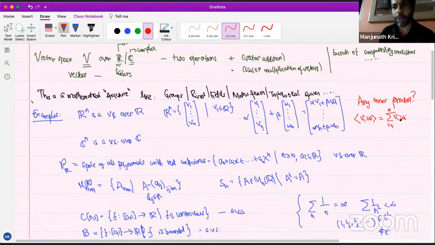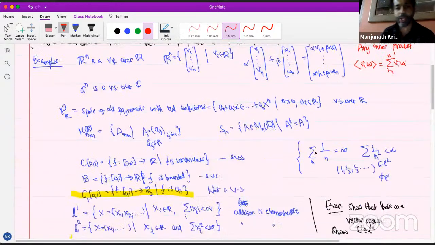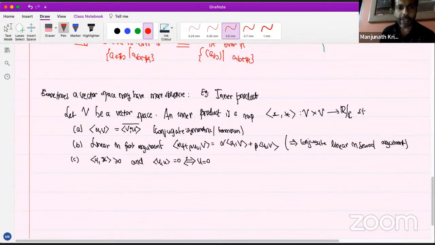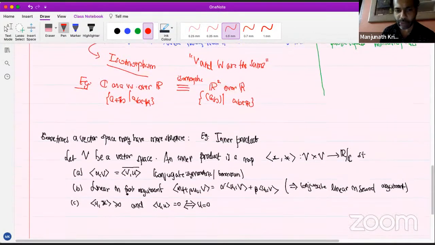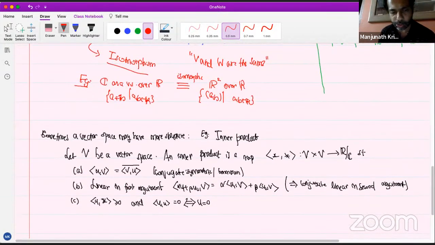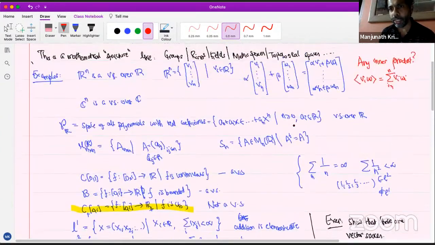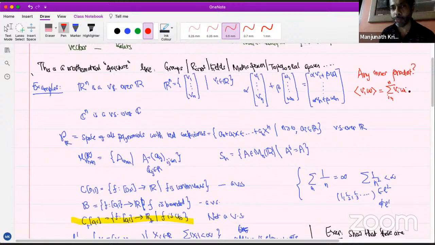So v1 w1 plus v2 w2 plus up to vn wn, that has all these properties. It has the symmetry. Because we are working over reals, there is no conjugation required. Its linearity is there in both first and second argument. And if you take the inner product of v with itself, you get v1 square plus v2 square plus up to vn square, which is strictly positive unless all the vi's are 0.